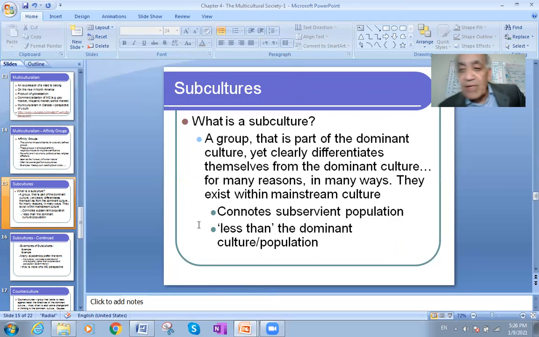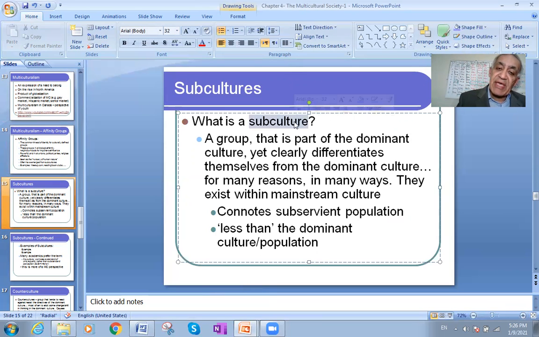Now let's go to another subject, which is very important: what is a subculture? We know culture means the main, and sub means the branch. The sub always means a branch of the main. A group that is part of the dominant culture, yet clearly differentiates themselves from the dominant culture, for many reasons, in many ways.